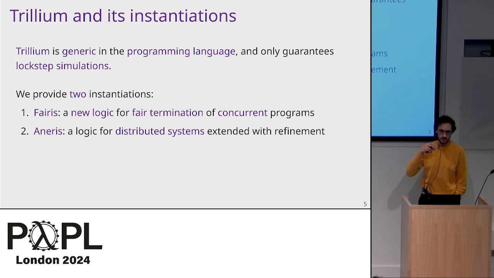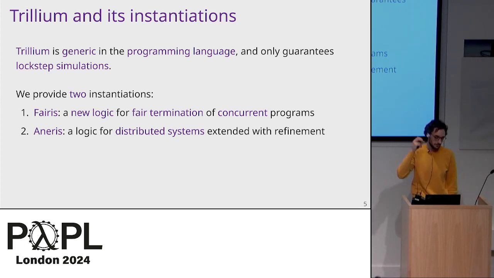And in the case of Trillium, there is another thing you have to do: Trillium itself only guarantees lockstep simulation between the program and the model. In practice, that's much too strong, because you want some kind of stuttering to be able to abstract things away from the program. So it's up to the instantiation to relax the notion of refinement to have something that is usable, but still useful.